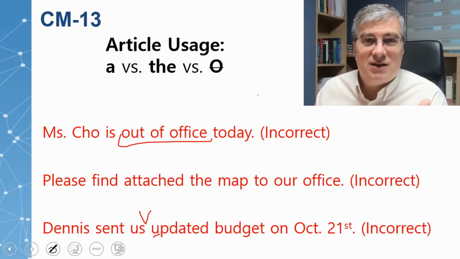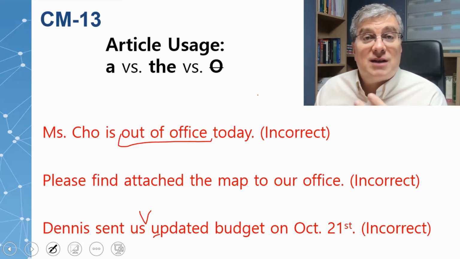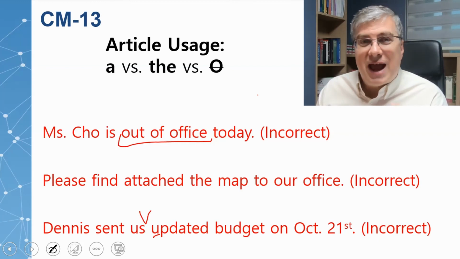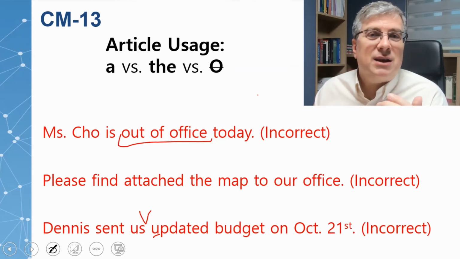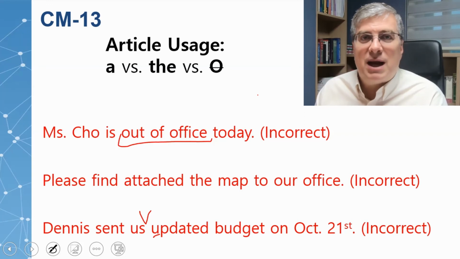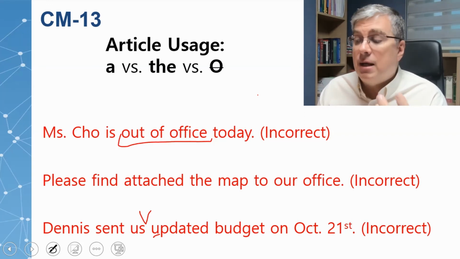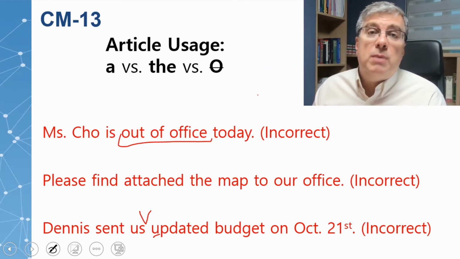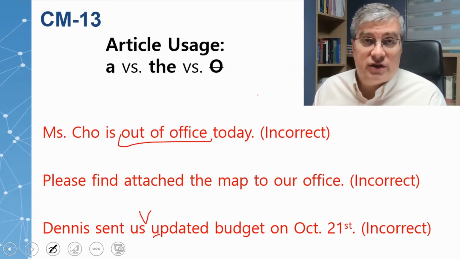Budget, of course, is a plan to spend money. There may have been several different plans. But if you say Dennis sent us the updated budget, that's maybe the latest one. That's the one that is accepted by everyone. If you say Dennis sent us an updated budget, that kind of implies that maybe there's a new budget. There've been changes to it.